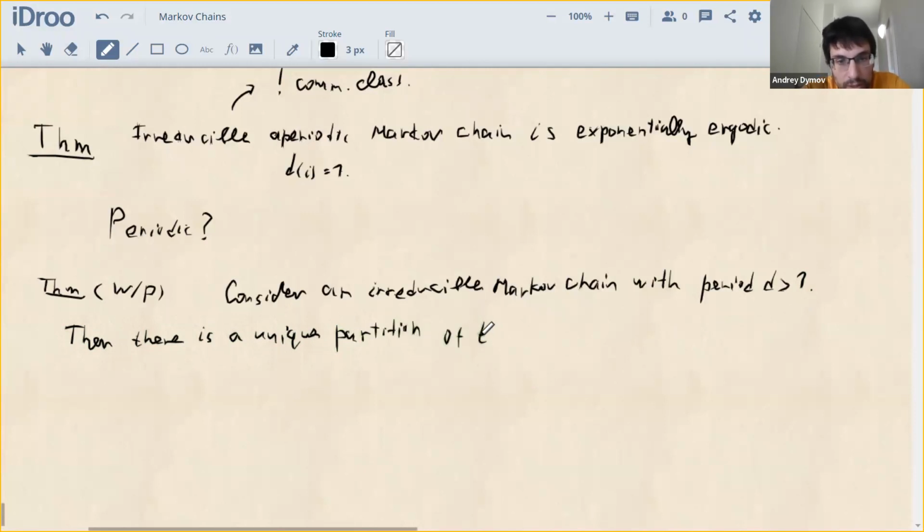So this is the set of all possible states, usually denoted by X, into disjoint subsets.